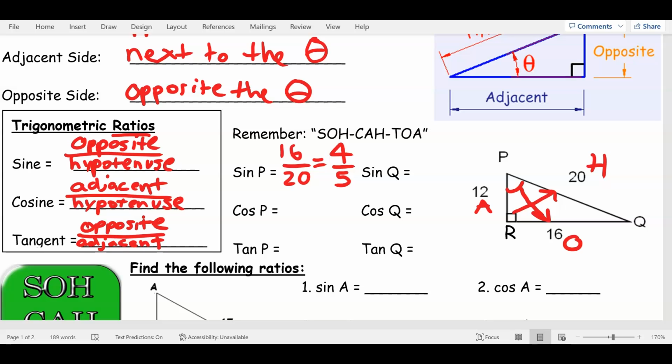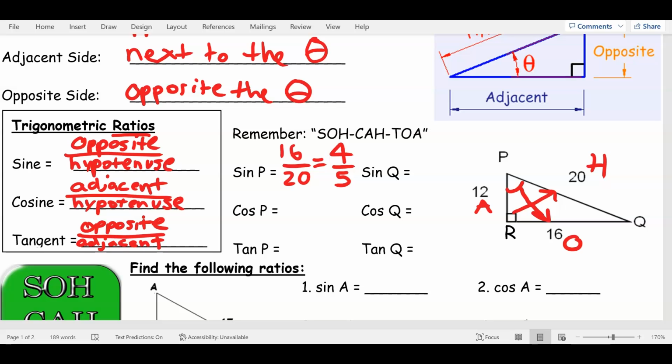Now, let's do cosine P. Cosine is what over what? C is A over H. So what's A? 12, and then H, 20.